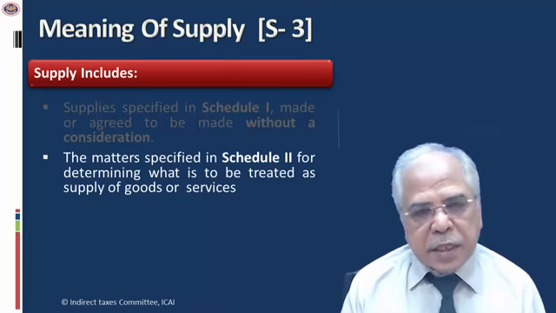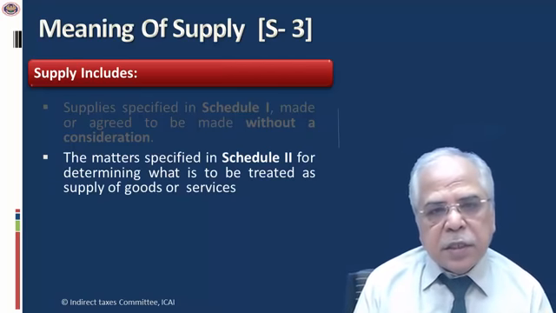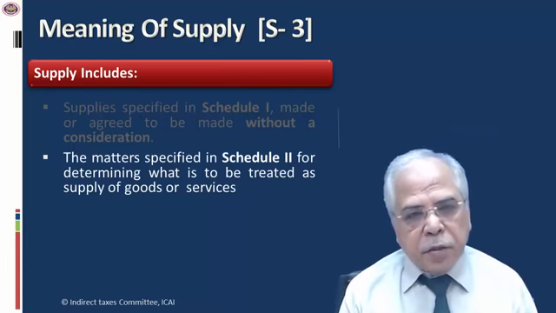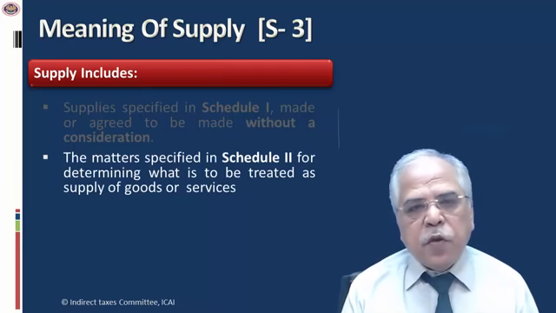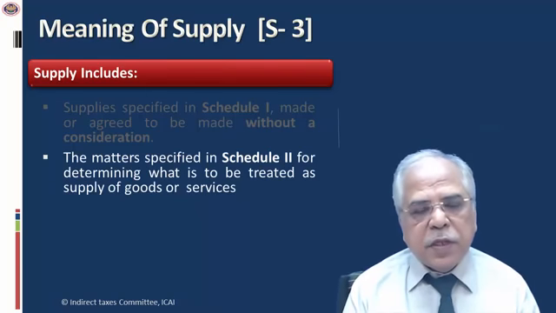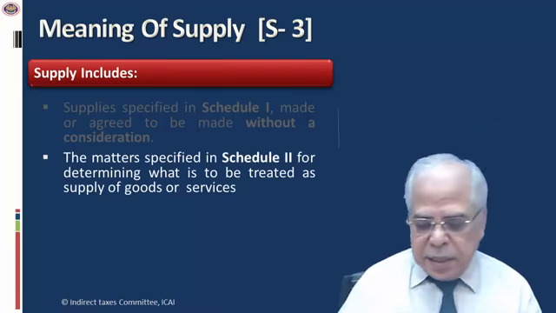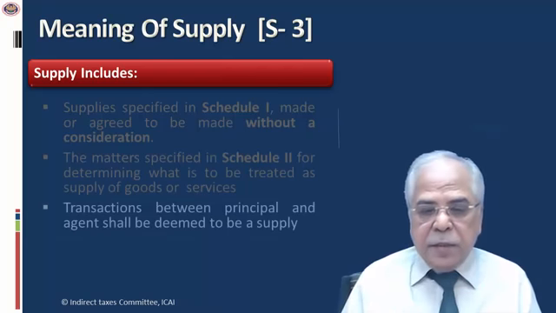But then there can be a concessional rate of GST so far as goods are concerned, and there can be demerit goods. So, from that point of view, first of all, we have to decide whether the supply made by the supplier is goods or service, and accordingly, the rate of tax has to be applied to that.